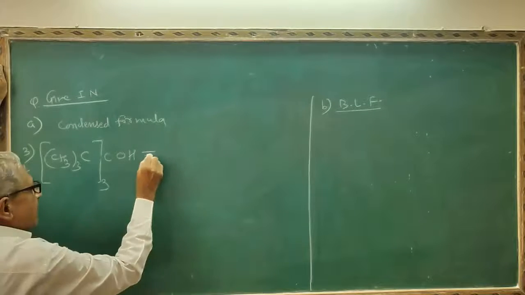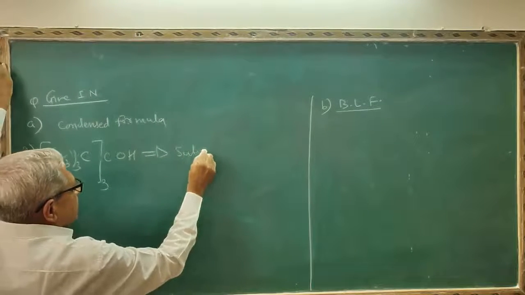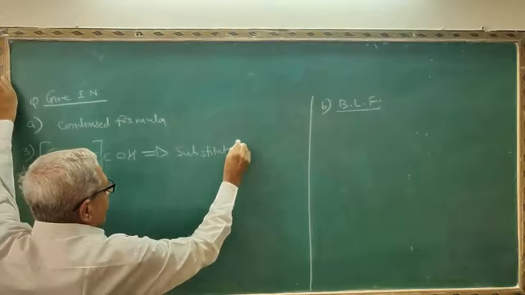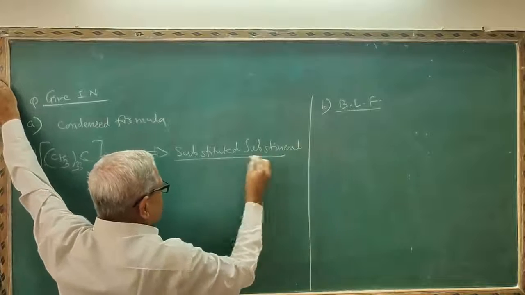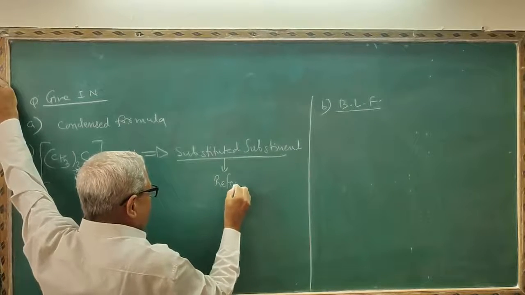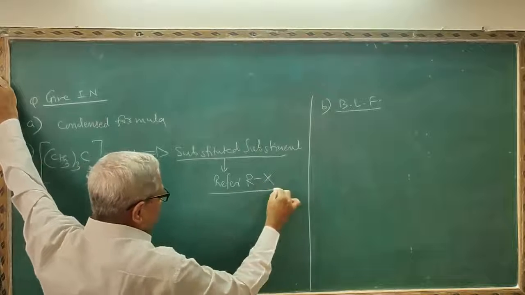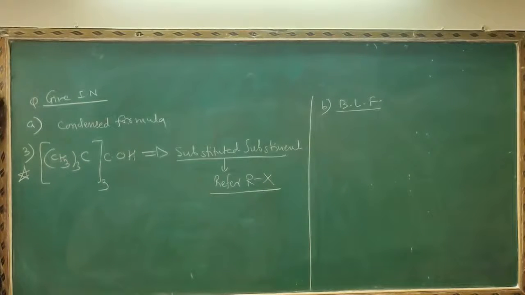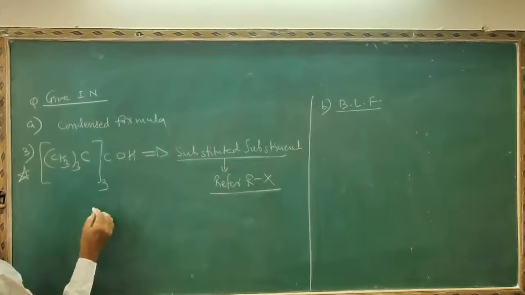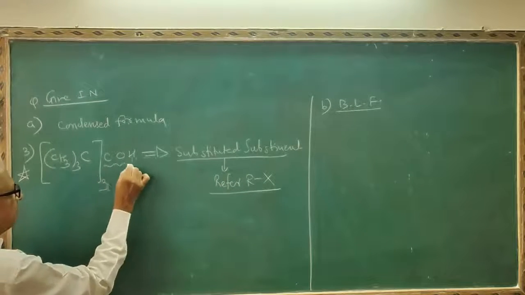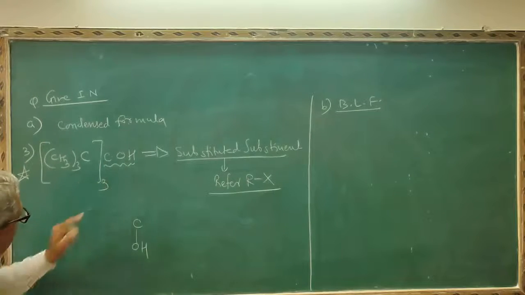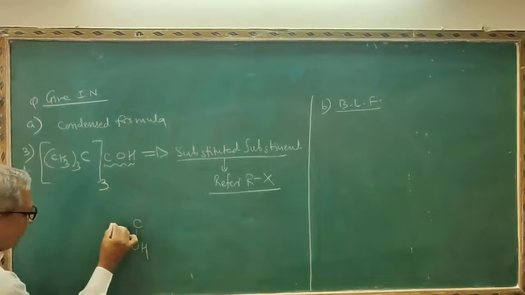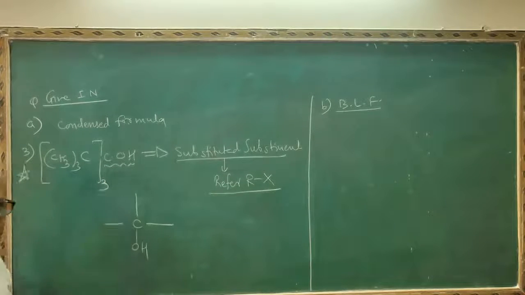This is an example of the type substituted substituent, which I explained in the topic alkyl halide, halogen derivative of alkanes. Now see here, in this case, first write the structure. First I will explain the COH. You can write here COH. Remember that COH is attached to 3 identical groups. So you can show here 3 identical groups.